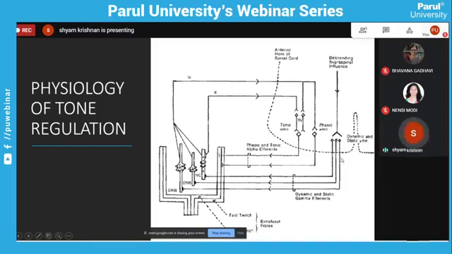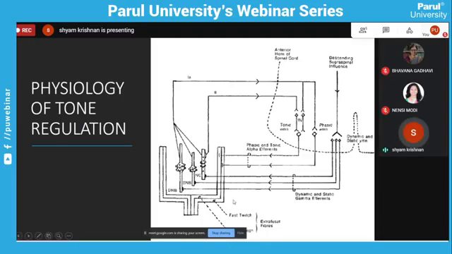Now what you need to look at is how all could tone increase in this scenario. I said that the descending supraspinal influence is on the gamma motor neuron system. That means it will regulate the input of the gamma motor neuron into the intrafusal muscle fiber.